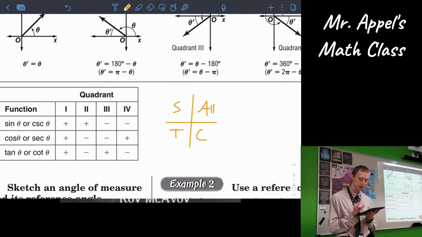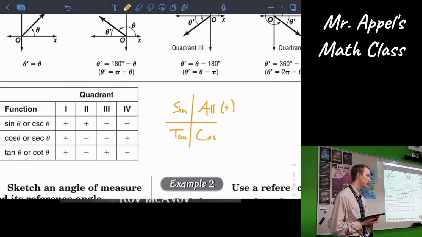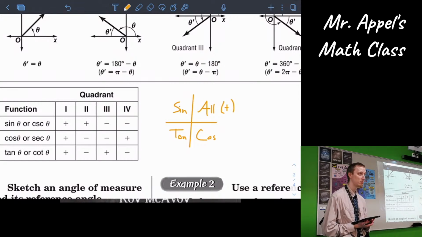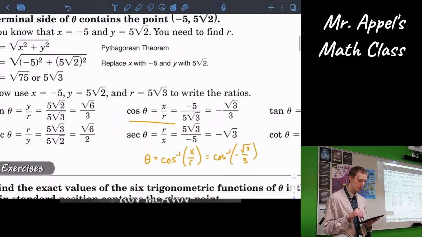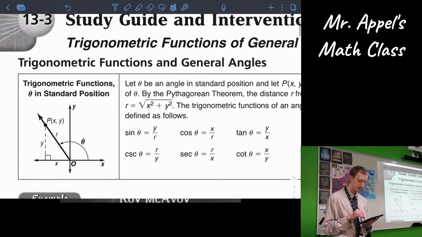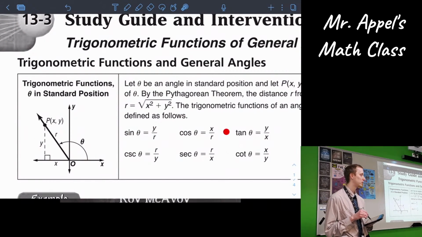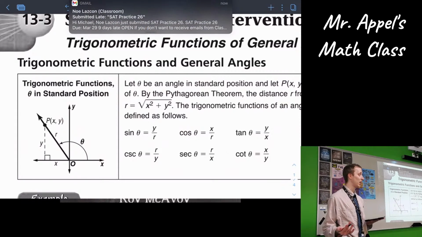Right, this tells you which are positive. All are positive over here. Sine is positive here. Tangent is positive here. And cosine is positive there. Anywhere else is negative. That's all you need to remember. And really, you don't even need to remember that. Because if you can remember these, you can work out what sign it has to be.